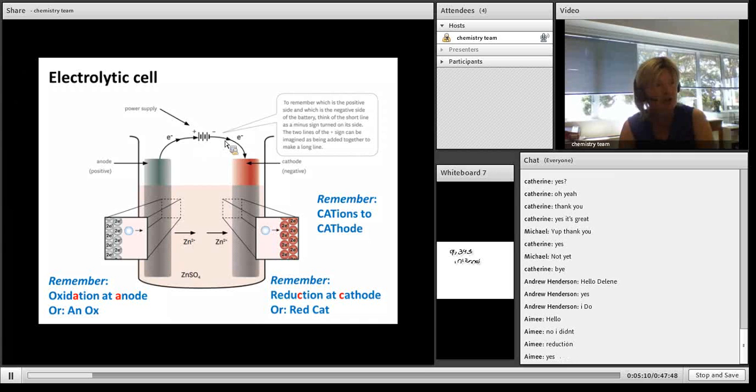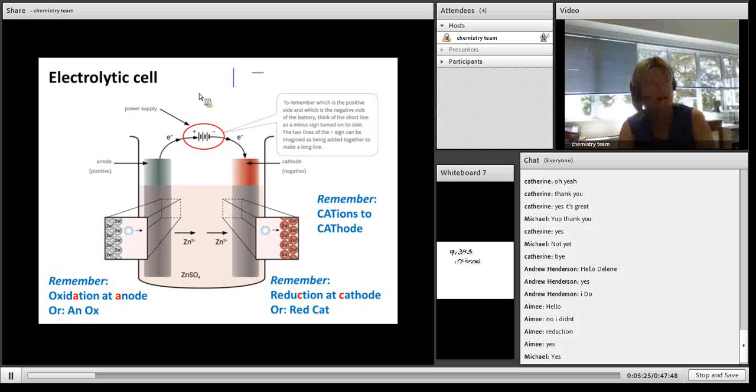Do you remember those batteries? One way to remember which is which is if you think of the positive, it's made up of two lines. If we took the two lines and put them together, it makes a long line. So the positive makes a long line, and the negative end makes a short line.